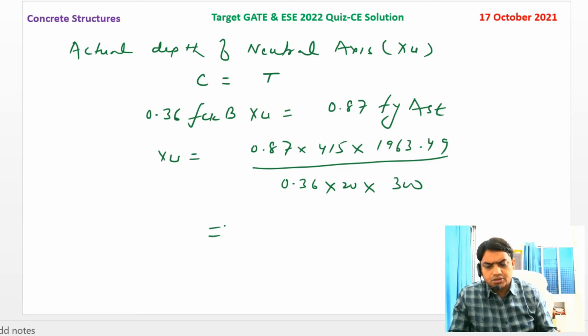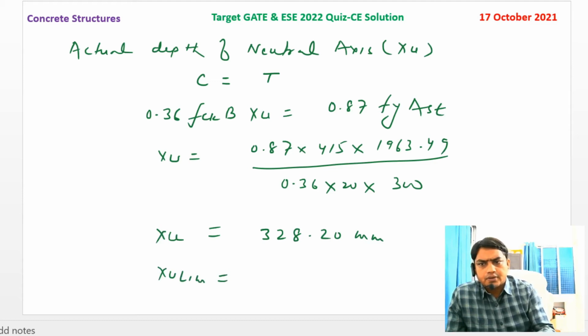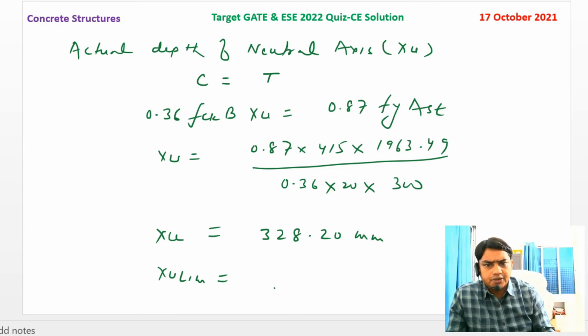So it is coming 328.20 mm, which is the actual depth of neutral axis, and the limiting depth of neutral axis we just computed is 264 mm.